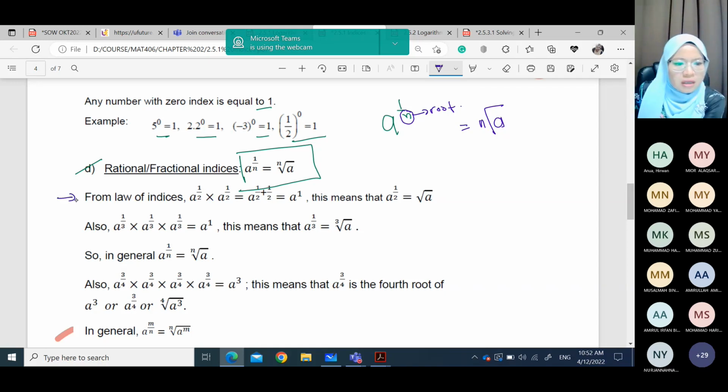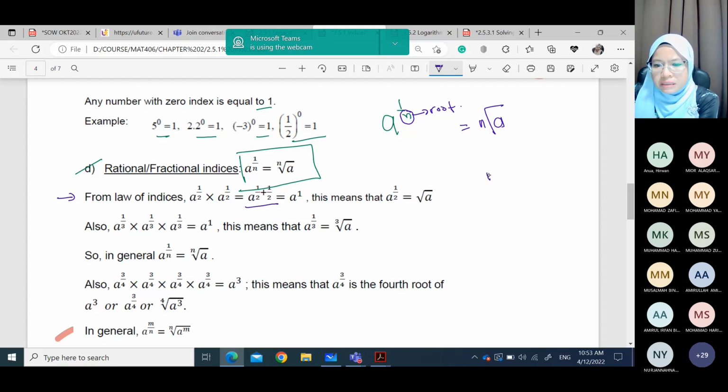So, kita tengok sini. From law of indices, a to the power of 1 over 2 times a to the power of 1 over 2 is equivalent with a to the power of 1 over 2 plus 1 over 2, and it is equal to a to the power of 1. So this means that a to the power of 1 over 2 is square root of a ataupun punca kuasa 2.